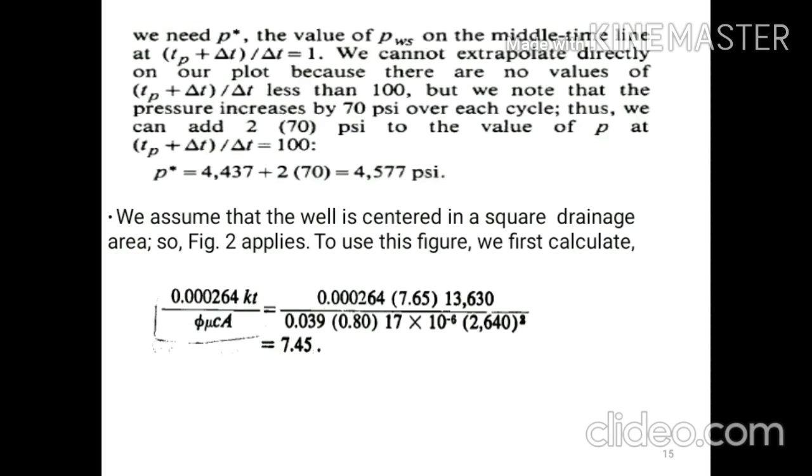So p-star is 4577 psi. We assume that the well is centered in a square drainage area, so figure 2 applies. To use this figure, we first calculate 0.000264 ktp/(φμct A), which we find to be 7.45.